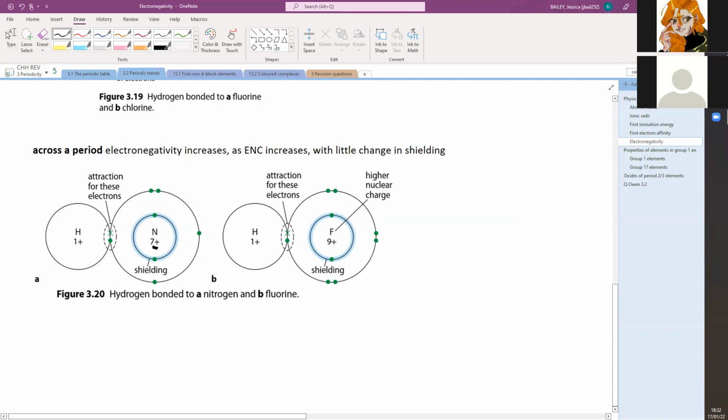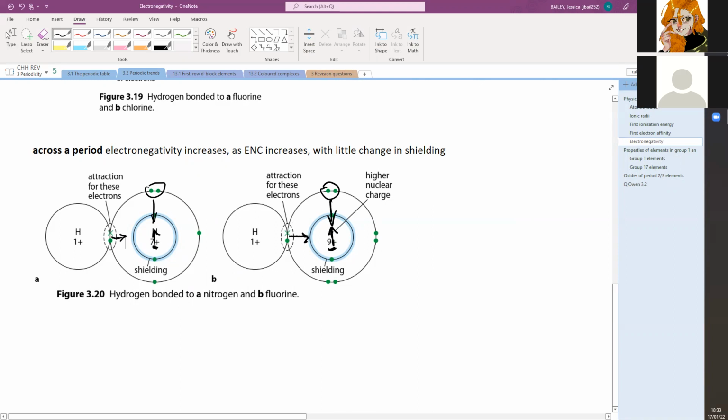And so nitrogen's electronegativity is lower because nitrogen has a 7+ charge, fluorine has a 9+ charge. And so these electrons on the outside of fluorine experience a stronger attraction than these ones in nitrogen. And so that means its ability to attract this shared pair is greater than nitrogen's ability to attract that pair.